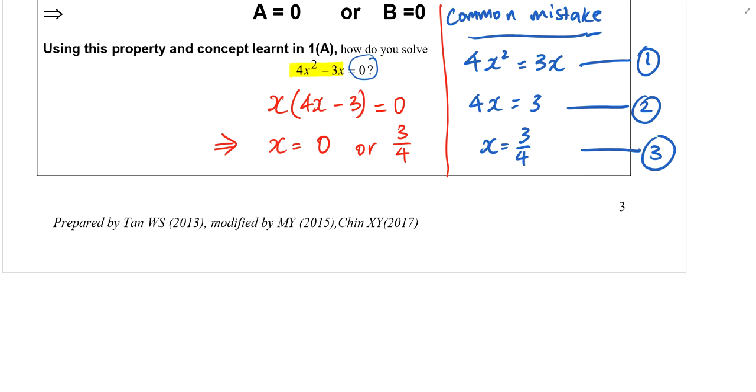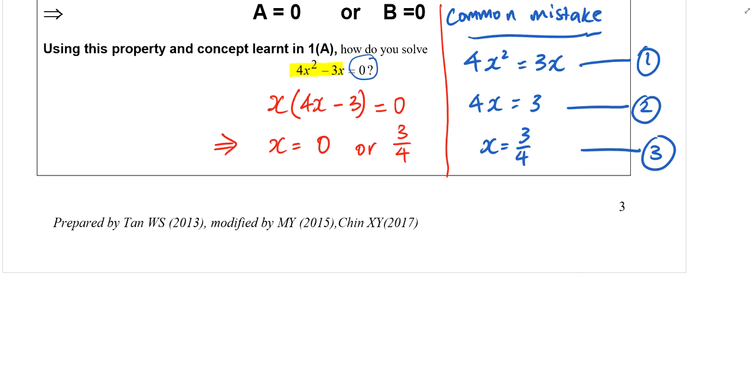Which step is wrong? Or which step got problem? Yao Jin, which step? 1. What's wrong with 1? Can't I add 3x to both sides? What's wrong with it? Then you all say 1 got problem, 3 got problem.